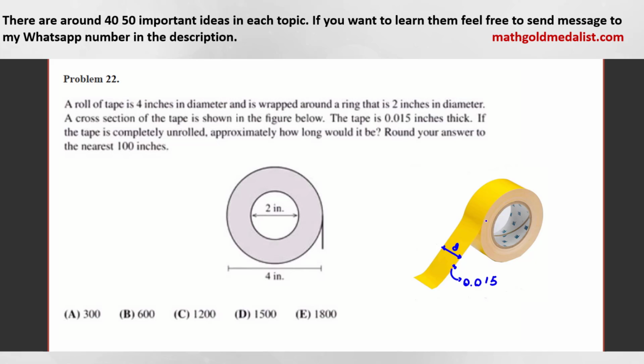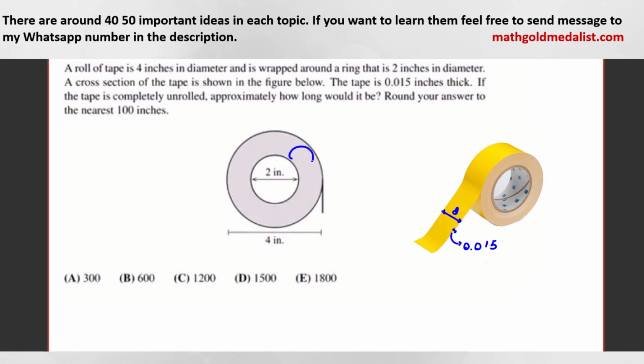I want to calculate the volume, and then divide by the cross section to find the length. The area is pi times, pay attention, the diameter is 2, so the radius is 1, and for this one the radius is 2. So 2 squared minus 1 squared, times D, is the volume.